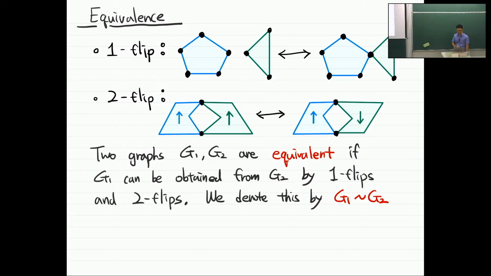Before we talk about the answers to these problems, I want to talk about how we can get another representation from one given representation. There are two operations called one-flip and two-flip. One-flip is basically we pick two vertices from different components and identify those two vertices, or the reverse operation.